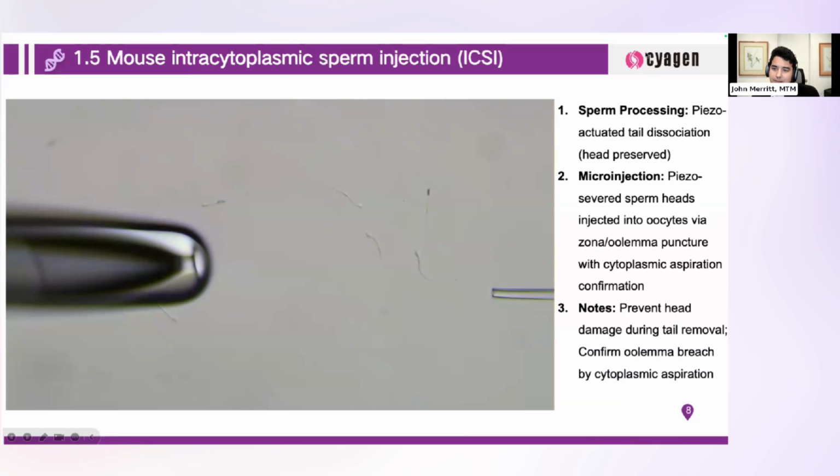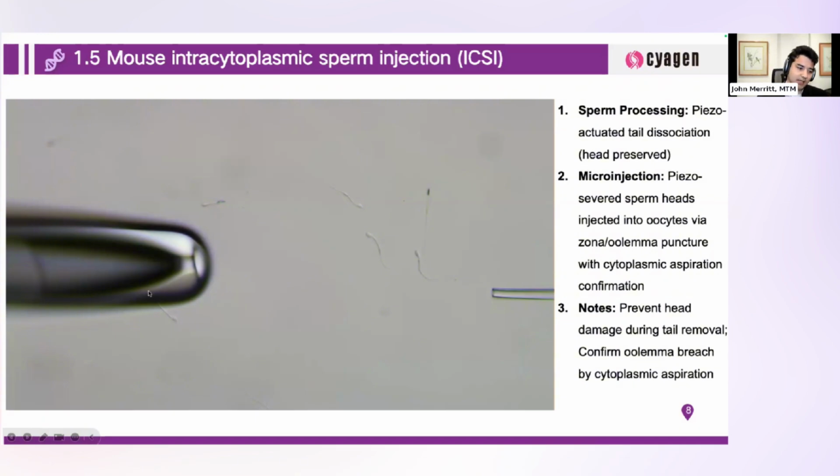This is in replacement of IVF. We can also do IVF, and that's perfectly acceptable most of the time. However, for mice that have low fertility or genetic edits that affect fertility, sometimes we recommend ICSI, so that way we can conserve more of the mature eggs.